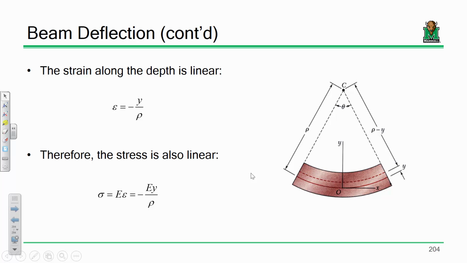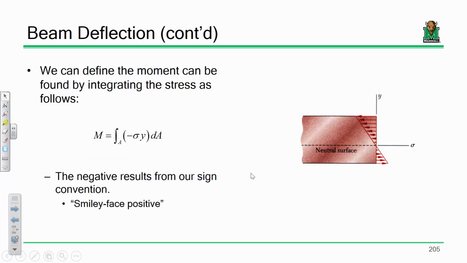Well, how is that useful? How can we utilize that stress term in a means that makes sense? Well, I want to introduce this definition. By now, this should be a pretty familiar approach in this course. How do we define moment across a cross-section?